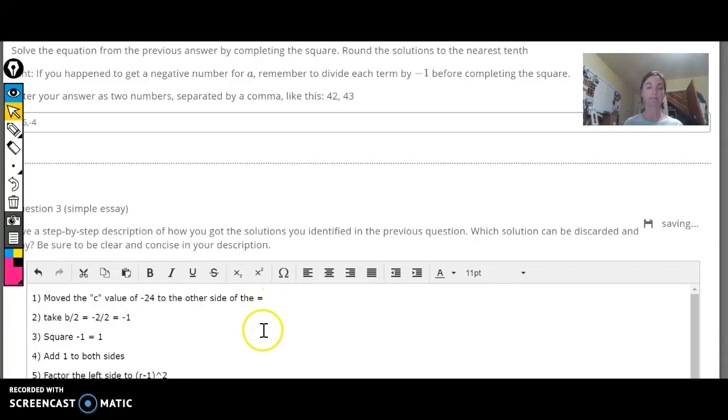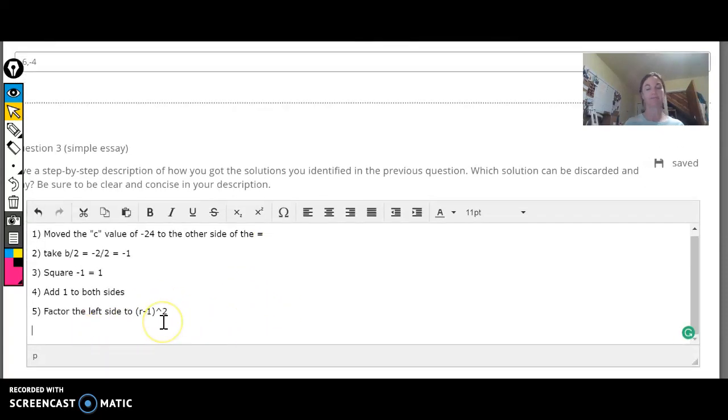And then, last but not least, well, not last, we took the square root of both sides. So r minus 1 equals square root of 25, which equals plus or minus 5.